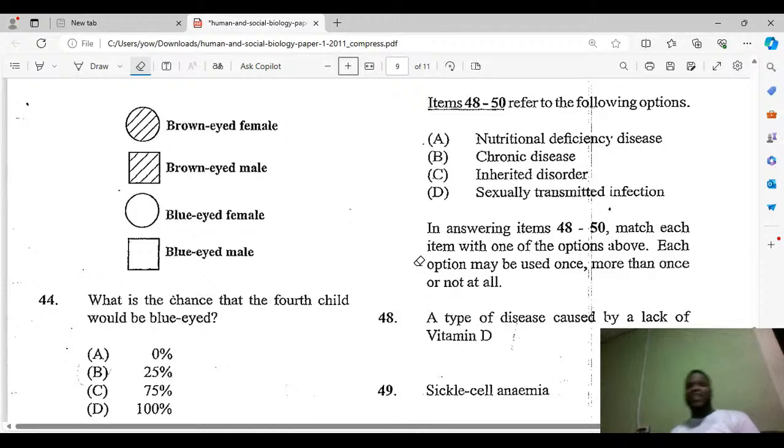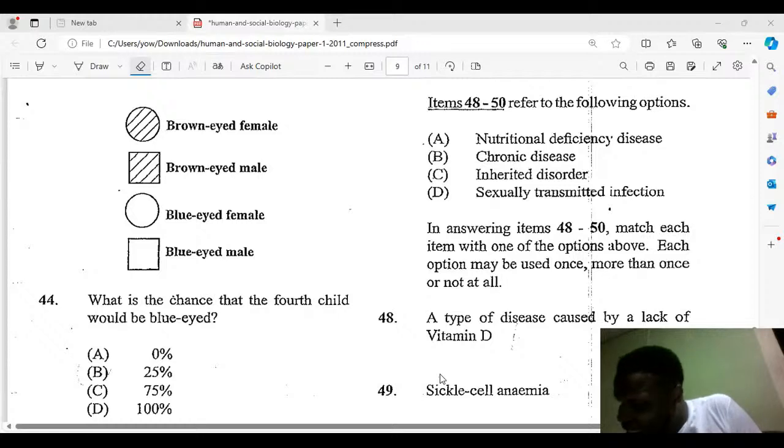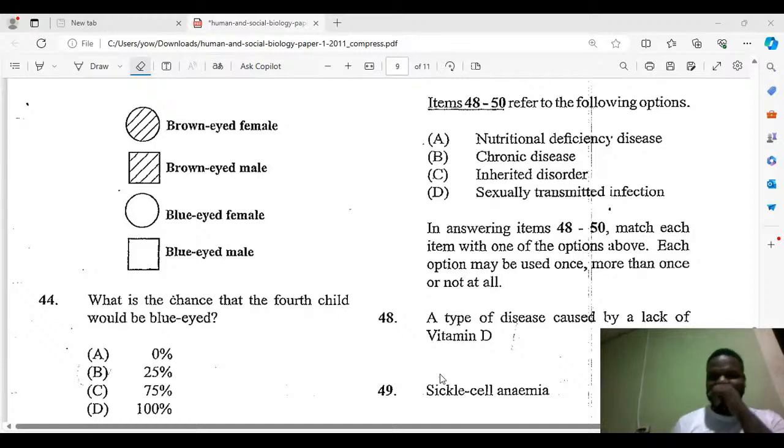So, 48 is a type of disease caused by lack of vitamin D. Lack of vitamin D gives what? I'm seeing a nutritional deficiency disease. So it's A. Great stuff.